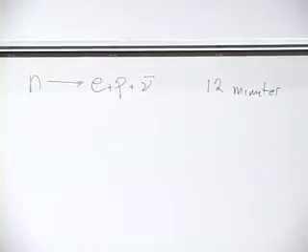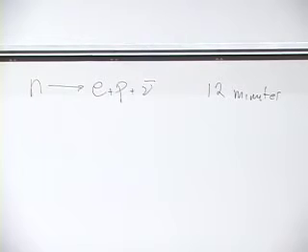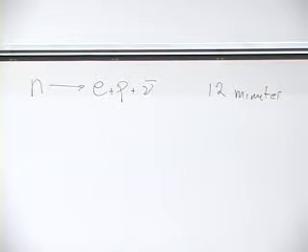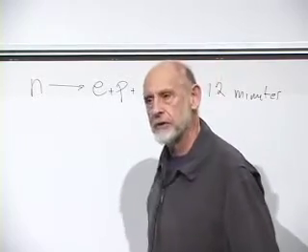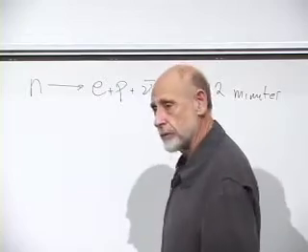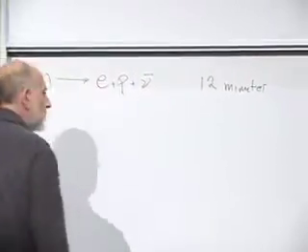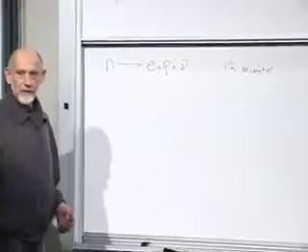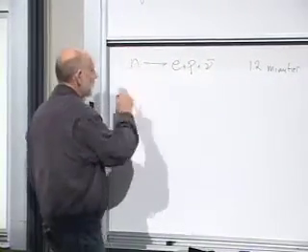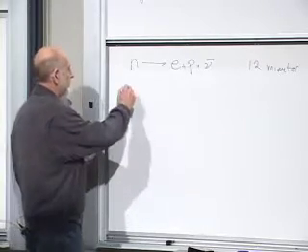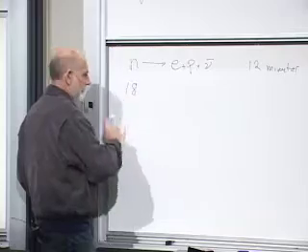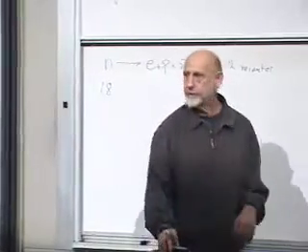Part of the reason is easy, but it hardly accounts for the extraordinary stability of the neutron. Part of the reason is the neutron is only a little bit bigger than the combined masses of the electron, the proton, and the neutrino. Let's just see. The mass of the neutron is about 940 MeV.